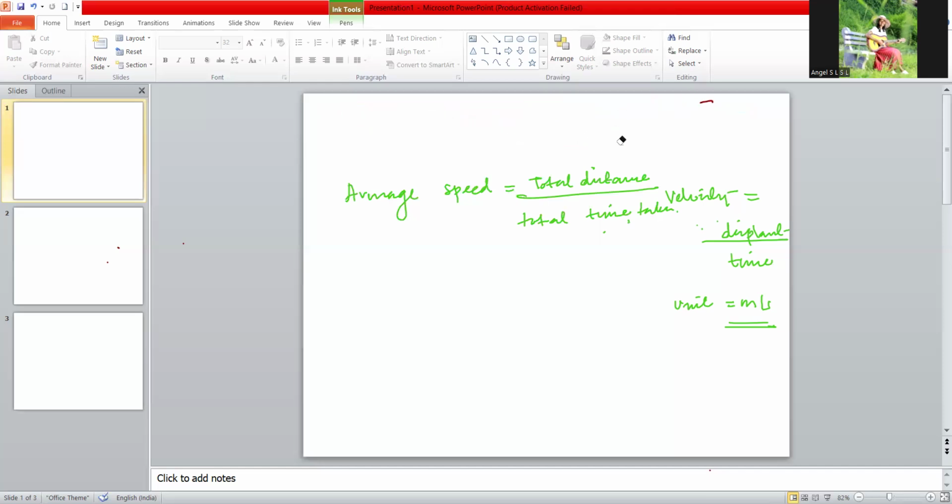Please do remember these equations, to find the average speed, the average velocity and all. These are important equations. And now we'll go for a question.